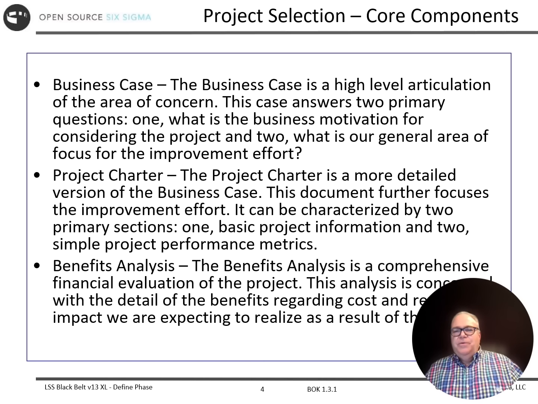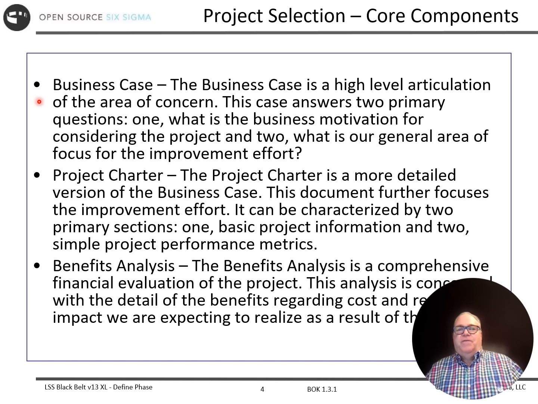As we go through the slides in this section, we're going to be building up to what we would consider to be the defensible words and documents that would exist in order to move a project forward. So typically we would start with a business case, and we say here it answers two primary questions.